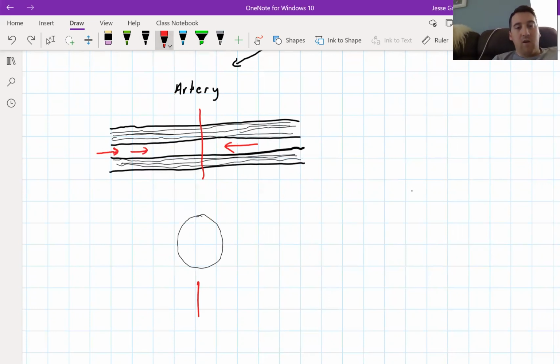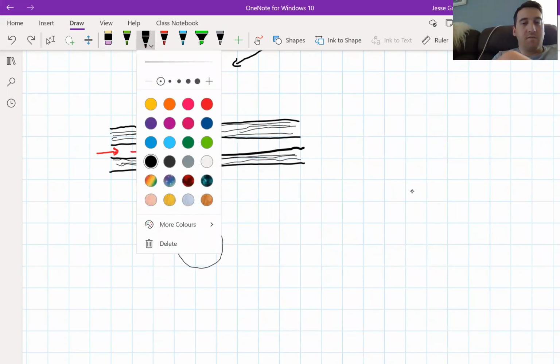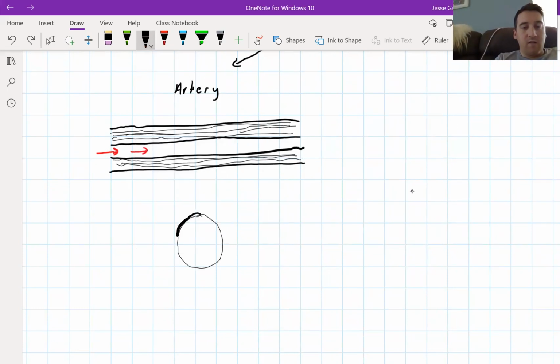So I'm just going to get rid of those lines, and I'm going to continue drawing this view of an artery. Here, and then here, and all of this area here is muscle tissue. So these circles are like the different layers of muscle.